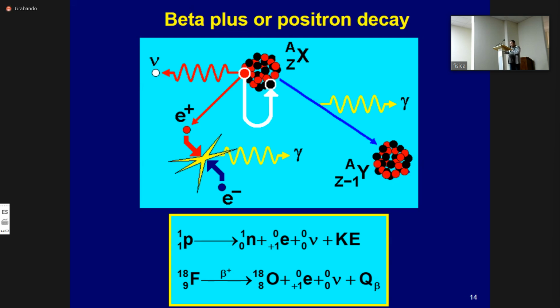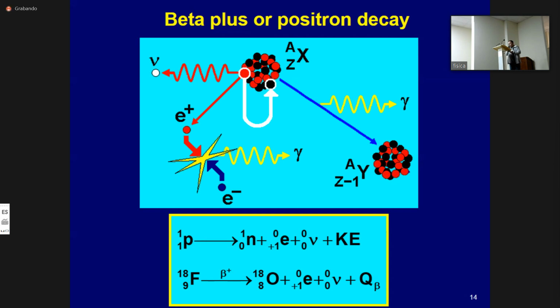The daughter nucleus of beta plus decay is a different element again, like in beta minus decay. We compare with the parent element, which has a charge number reduced by 1.